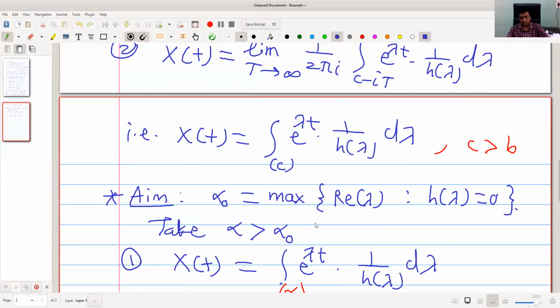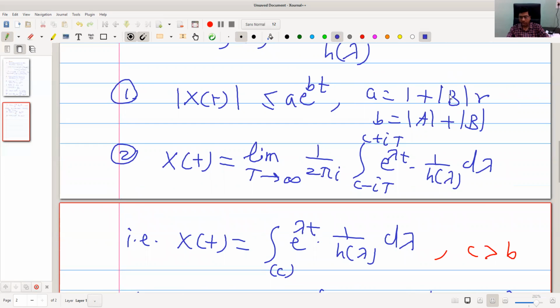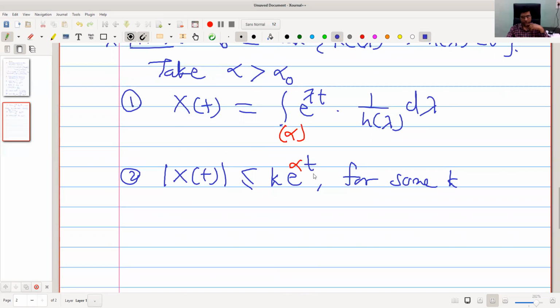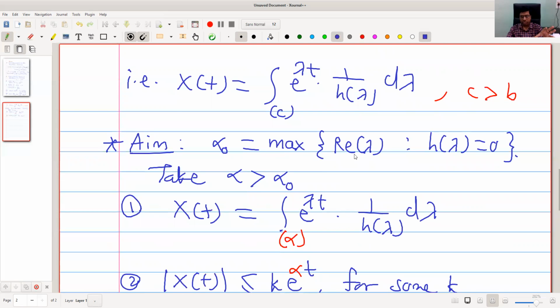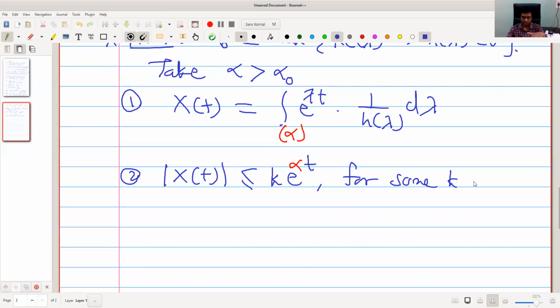Earlier it was a e raised to bt, where a and b are in terms of coefficients a, b and delay r. Here we are going to provide this bound in terms of this maximum of real part of lambda such that h of lambda equals 0. So we prove these two results.